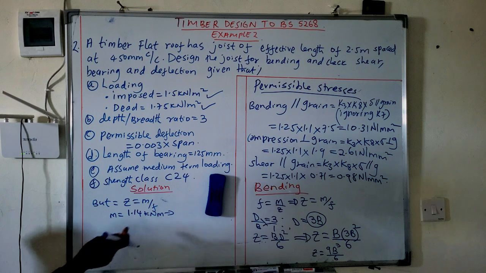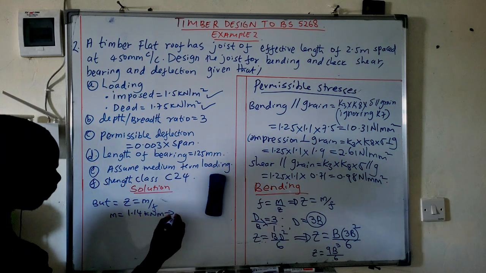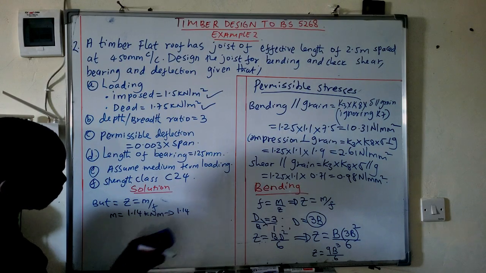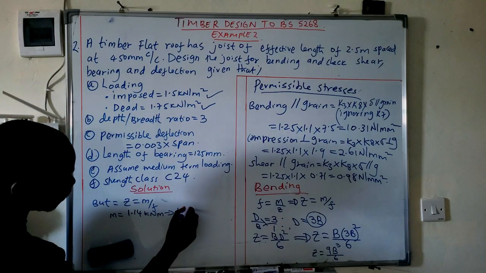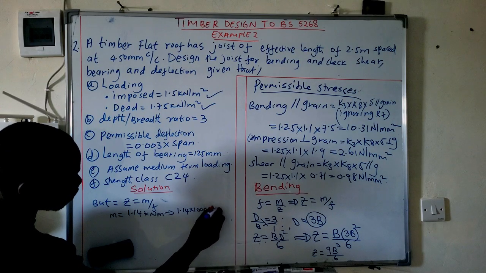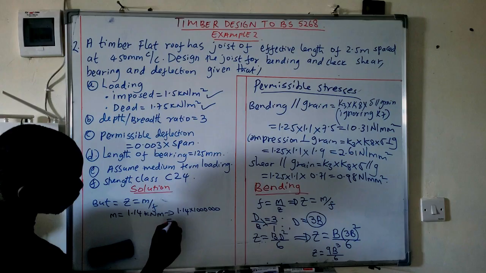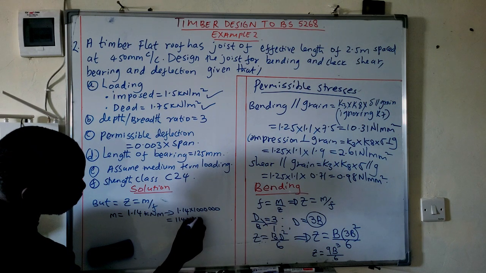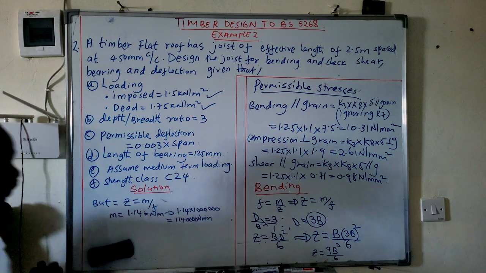Convert it to Newton millimeter, so it will be 1.14 times 10 to the power 6, which is 1.14 times 10^6 Newton millimeter.